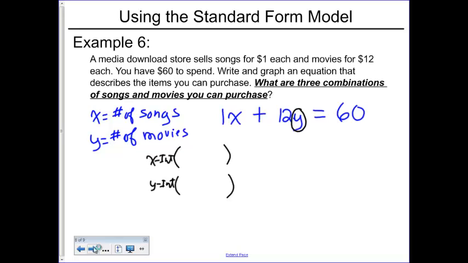So if y is equal to 0, then 12 times 0 is 0. I have 1x plus 0 equals 60. So x then would equal 60. So that means I can purchase 60 songs and no movies. That's one combination.